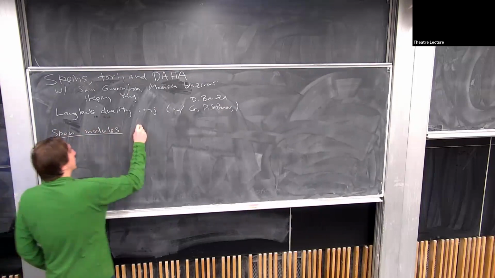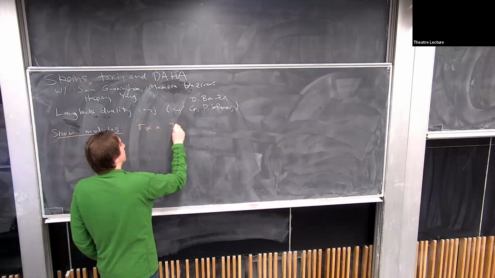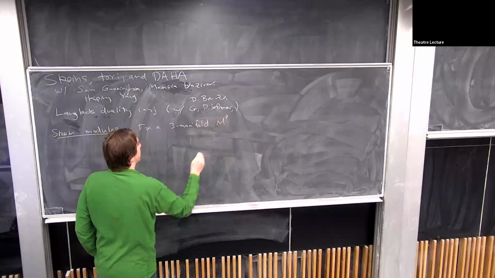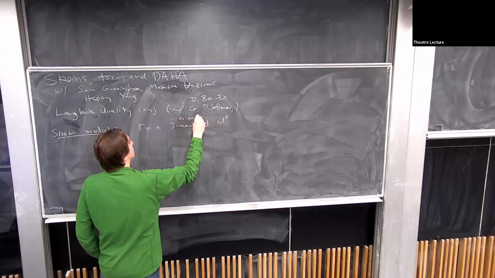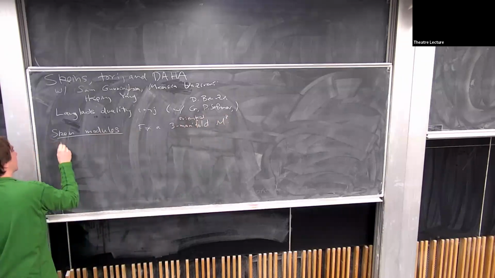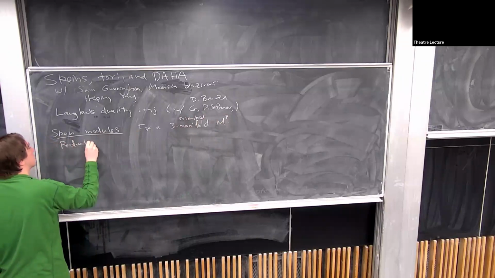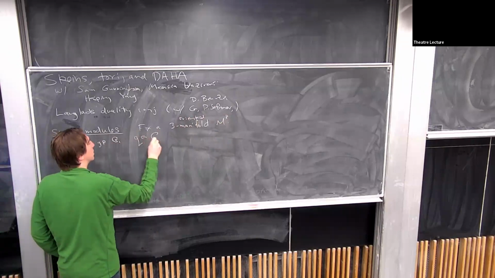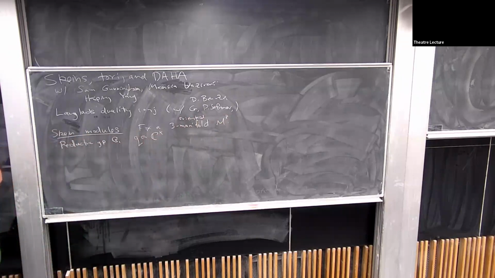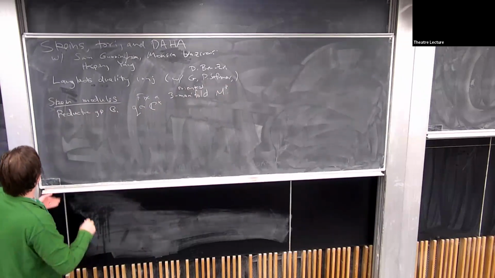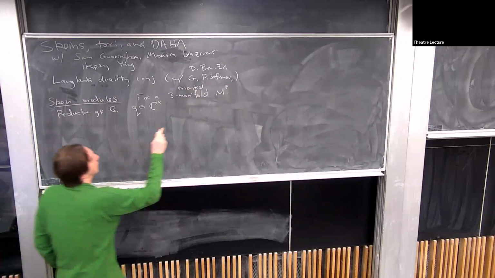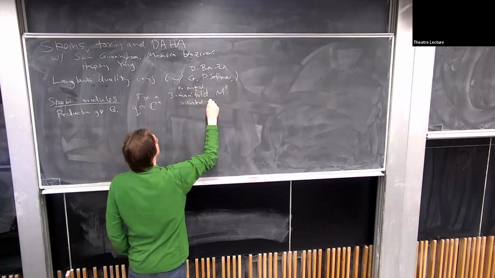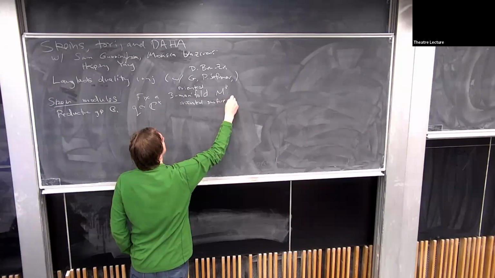So let's fix a three-manifold M, oriented, a reductive group G, and a quantum parameter Q. I'll also be talking about an oriented surface.